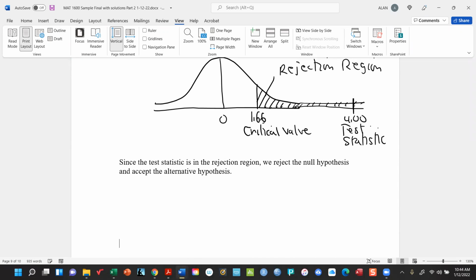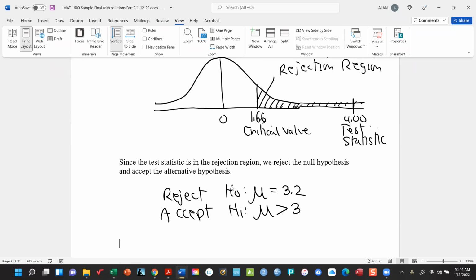All right, so in other words, we reject and accept. And so now if the school wants to promote itself as having really high GPAs, they can claim correctly that their mean GPA is above 3.2.